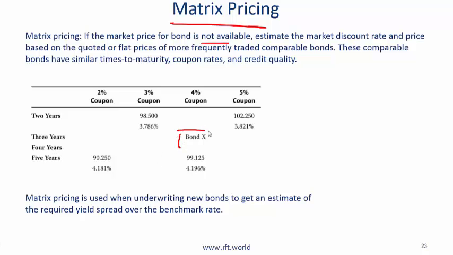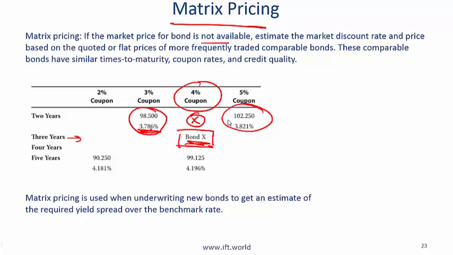Let's say that you need to find the price of this bond, bond X, which is a 3-year bond and a 4% coupon. Now this might not be traded often, so you look at these other bonds, a 2-year bond with 3% coupon. So let's say you know the YTM and the price for that, you know the YTM and price for this. So based on these two numbers, can you figure out this number?